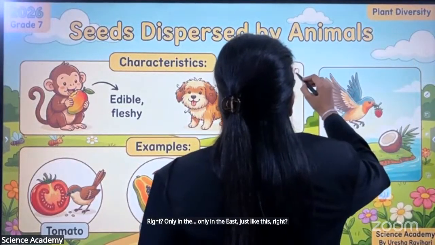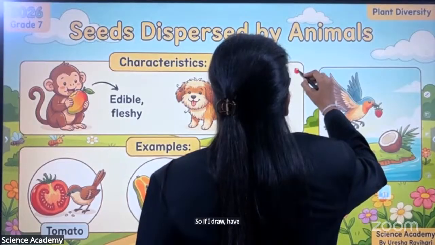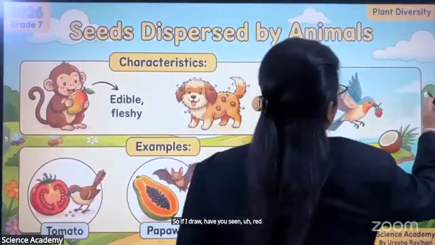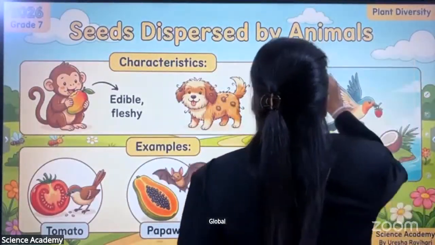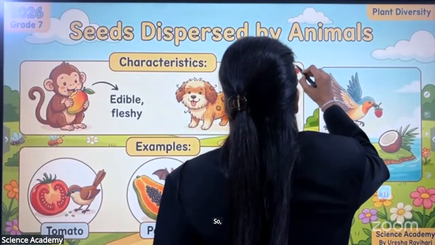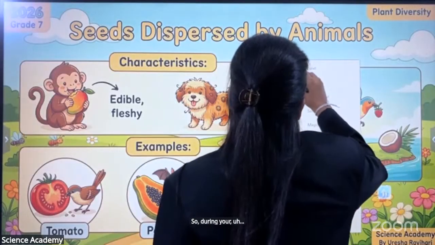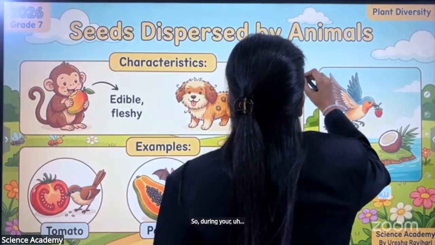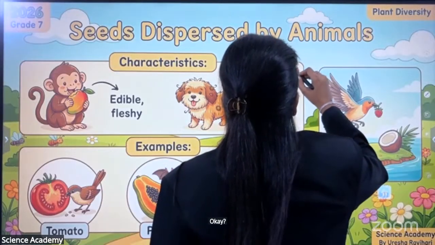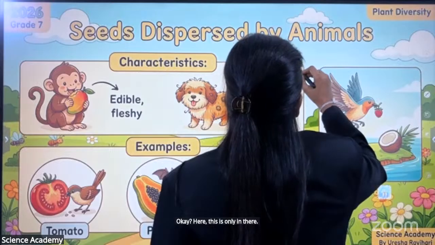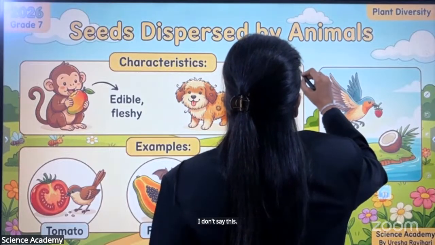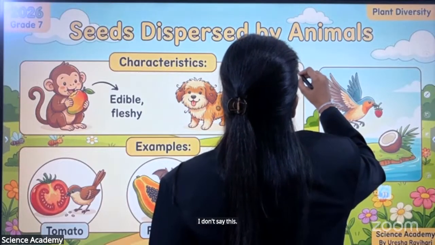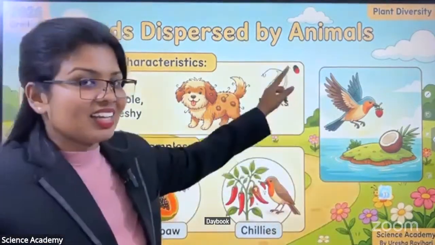If I draw, have you seen red and black colored oval shaped seed Olinda? Here this is Olinda. Have you seen this type of seeds, children?